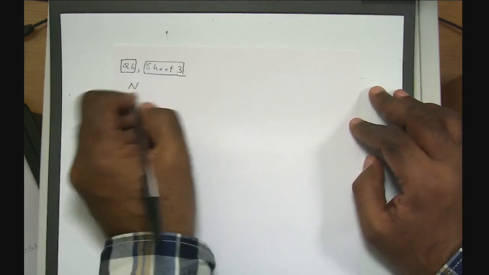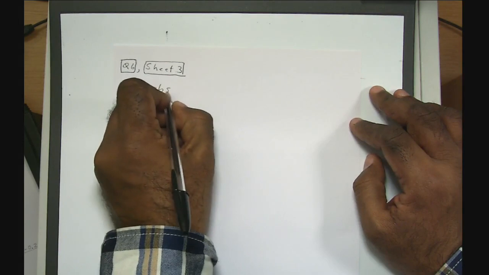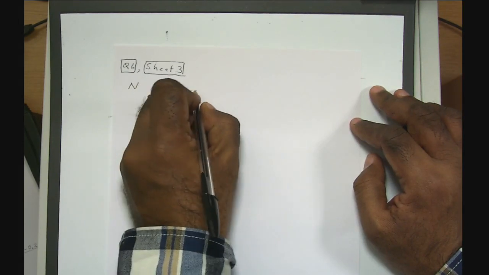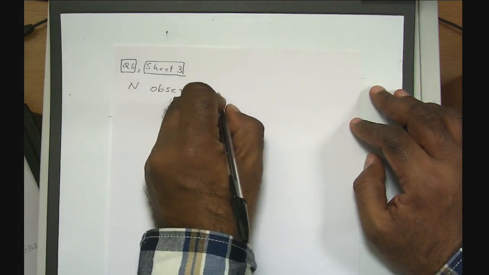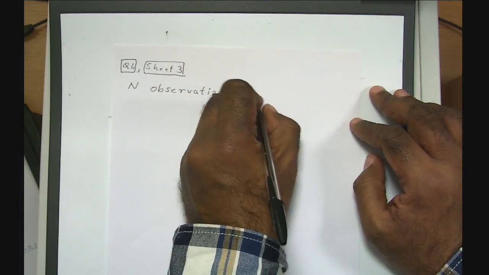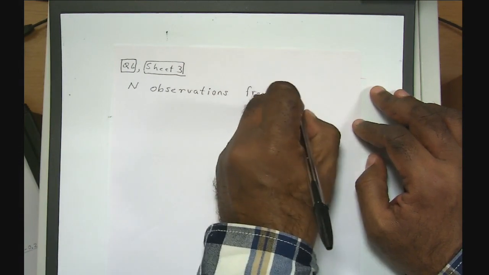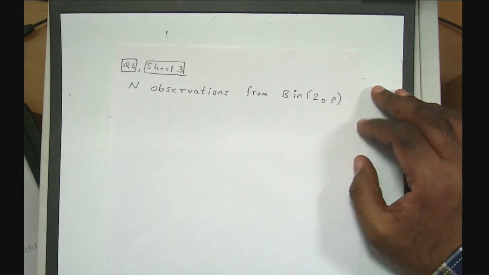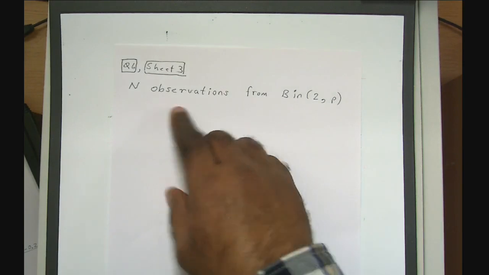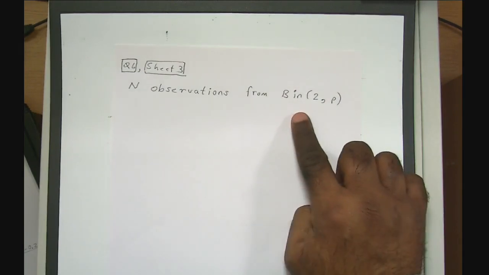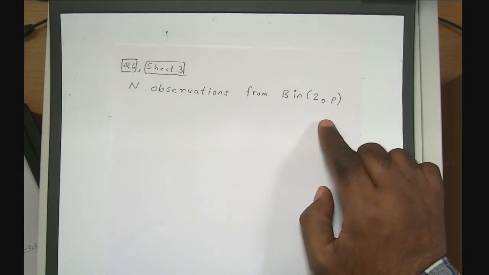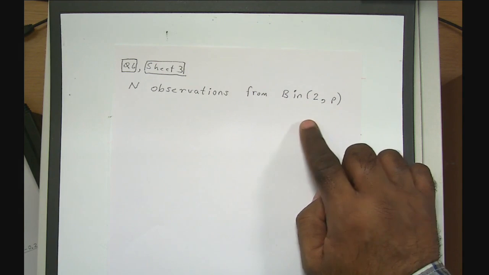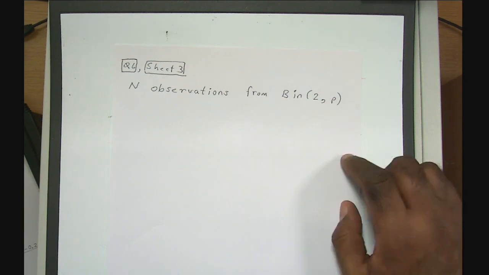There it says there are n observations from a binomial variable with parameters 2 and p.